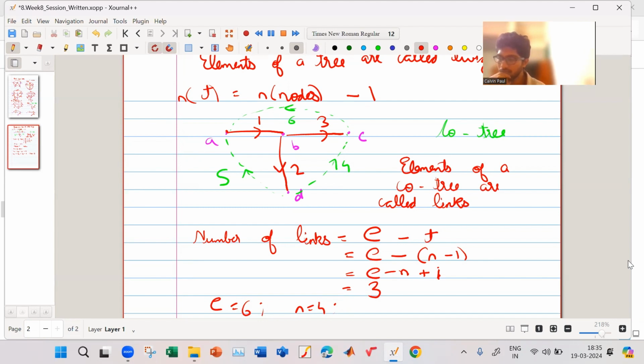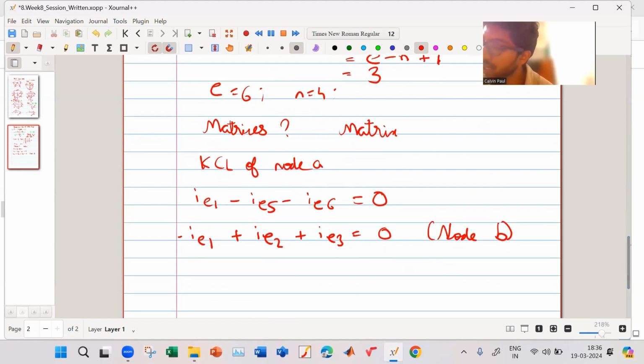If we take the reverse, the signs will change. Which one should I take? Previously you took the second option, so it would be minus I3 minus I4 plus I6 equals 0. Okay, correct. So it will be minus IE3 minus IE4 plus IE6 is equal to 0. This is for node C.